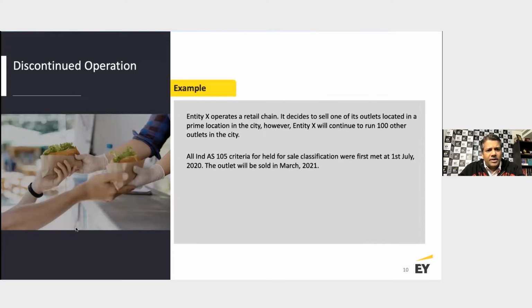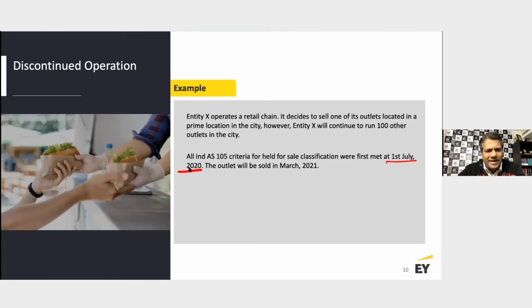All other Ind AS 105 criteria for held for sale classification were met on 1st of July 2020. Now, what is the criteria? First, it has to be a non-current asset forming part of a disposal group plus directly associated liabilities, held for sale. We will learn the other important criteria required.